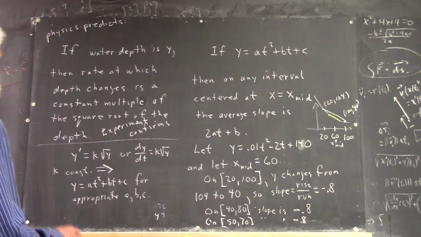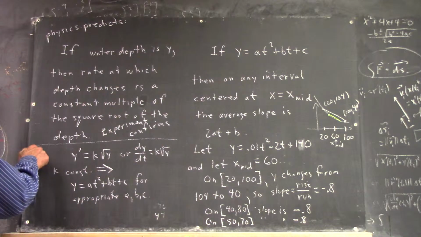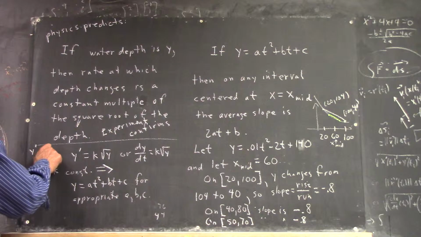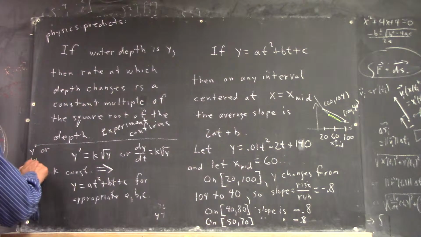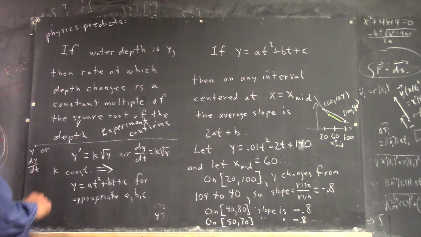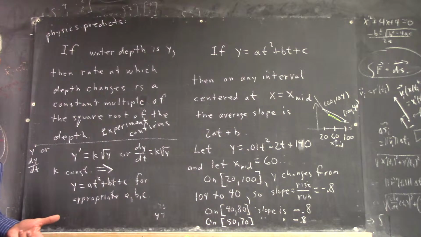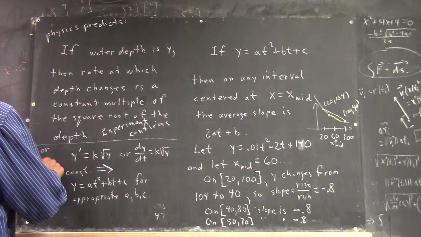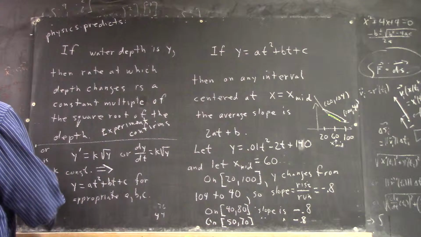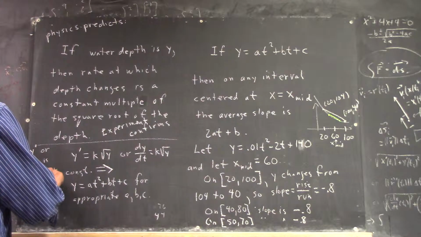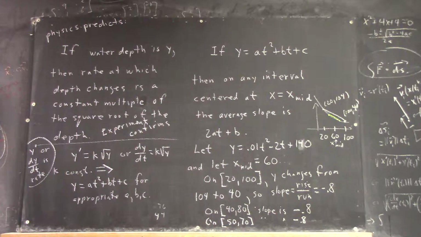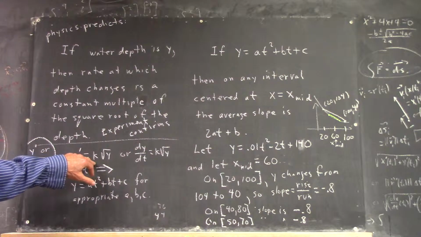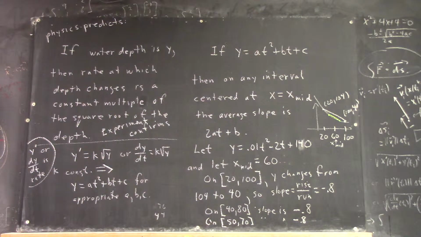So y prime, or dy over dt, that's like the change in y divided by the change in t, right? Is the rate. So this is saying the rate is some k times the square root of y. The k is constant. Okay?